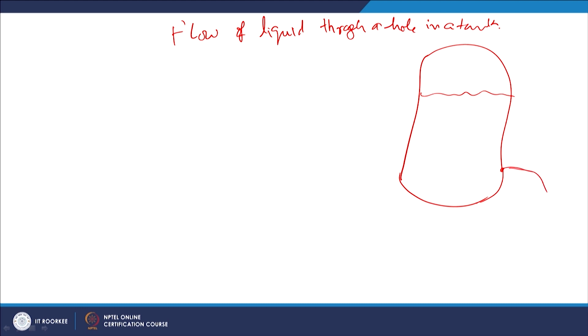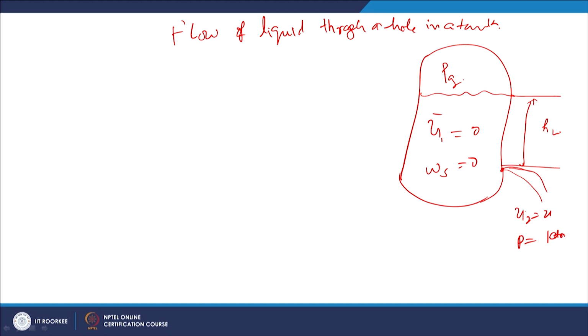So you may have different profiles like this, and this is the height of the liquid HL, the initial pressure Pg is 0, Ws is 0, and U2 at this juncture is, let us say, U, and P is equal to 1 atmosphere because it is exposed to the atmosphere.